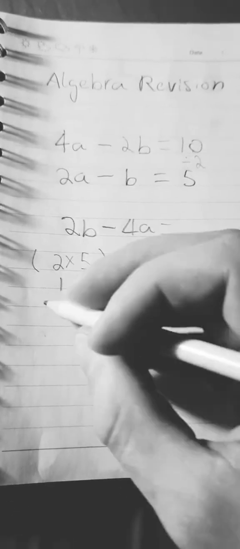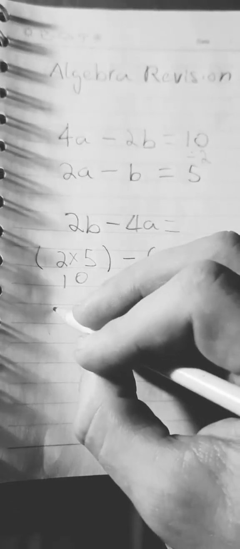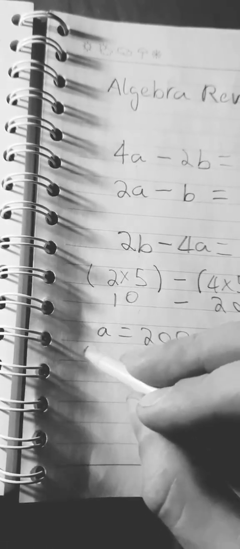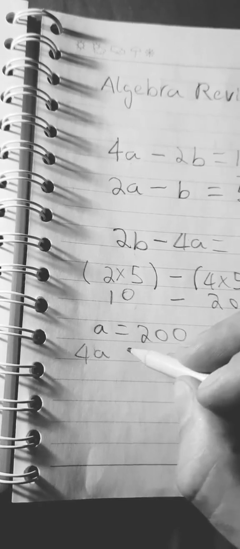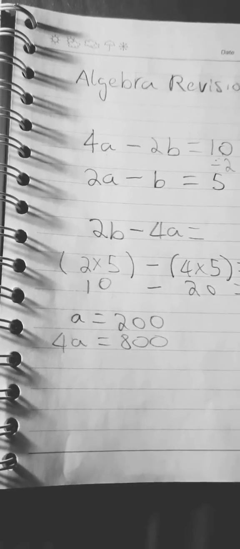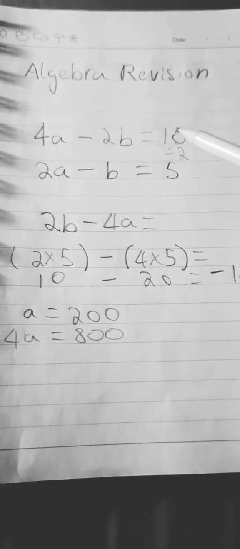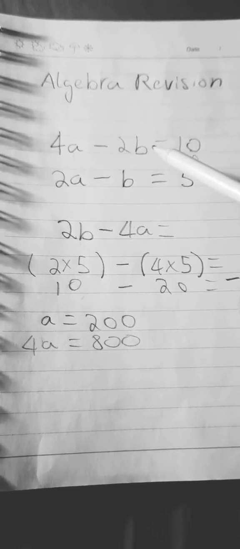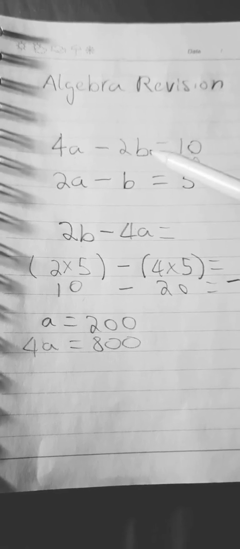So hang on a minute. I'm now going to decide that a equals 200, which means 4 a's equal 800. Okay? Now, to make my answer correct here, b would have to be 395, because two of them would be 790.